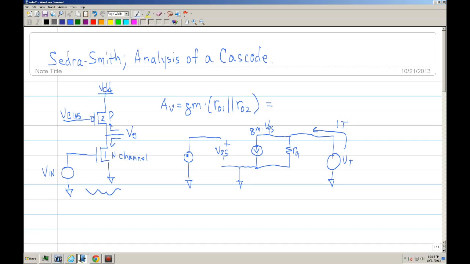Okay, and since we're doing a small signal analysis, the input is shorted.